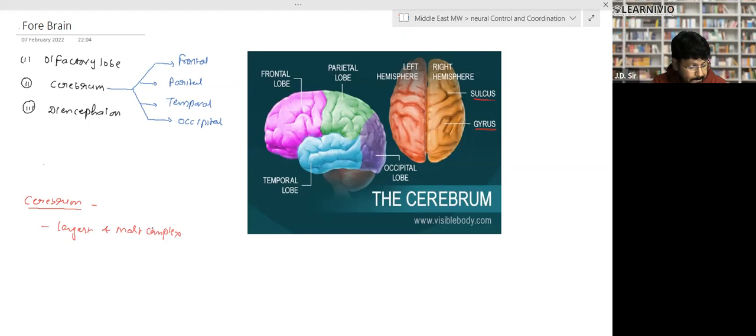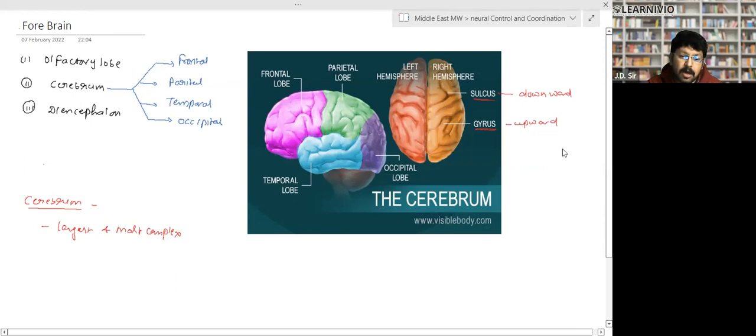It contains greatly folded parts. The upward folds are called gyrus, and the alternate downward folds are called sulcus.